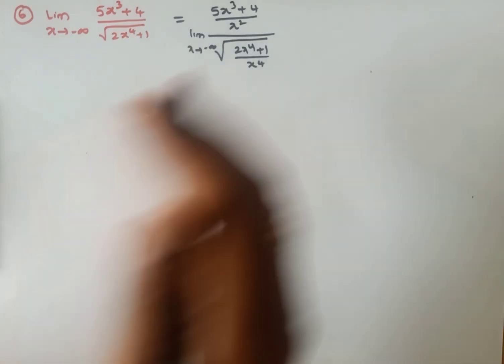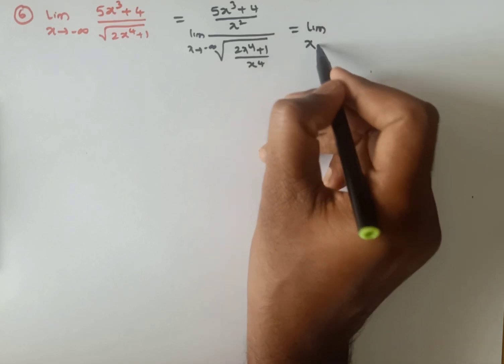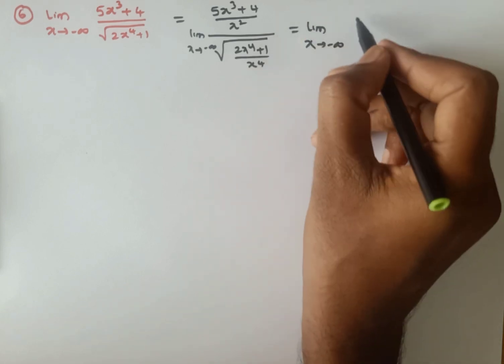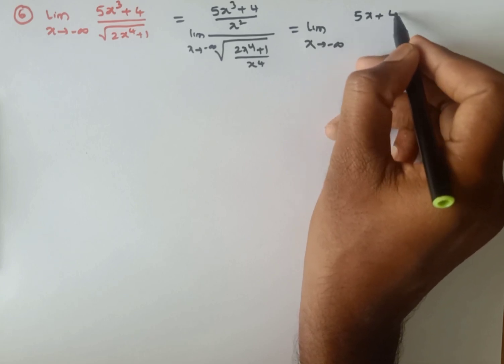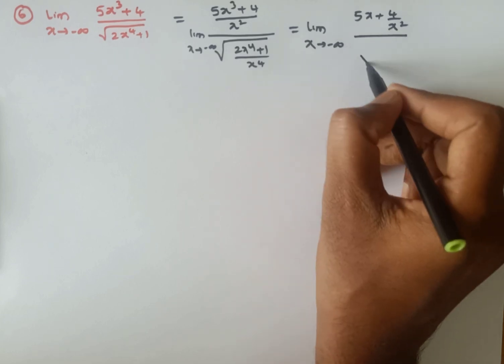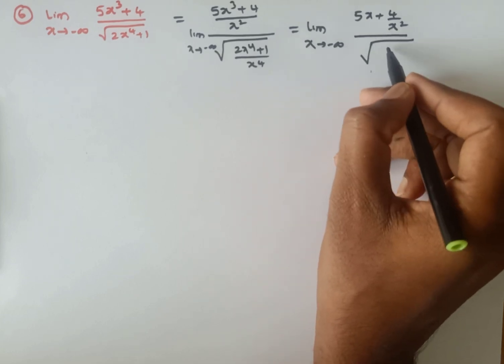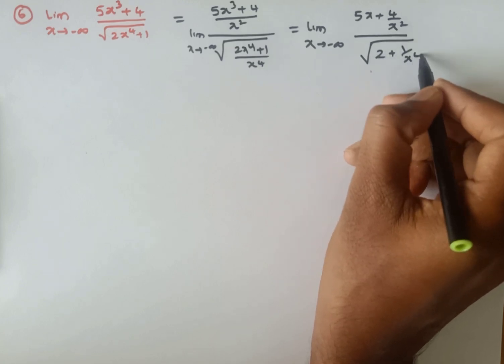As x goes to minus infinity, we can write it as limit of (5x plus 4 by x square) divided by square root of (2 plus 1 by x to the power of 4).